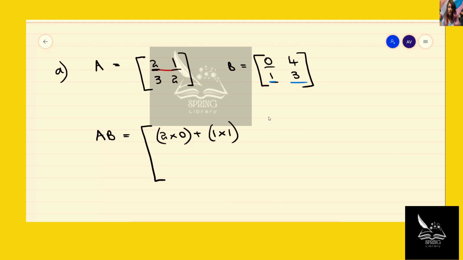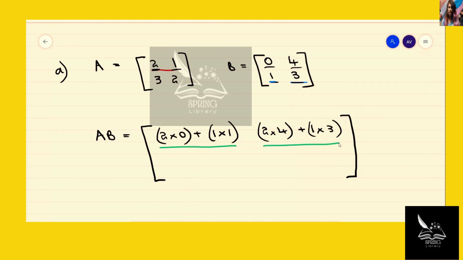Now next we will do it with the second column. So we will have 2 times 4 plus 1 times 3. Now we have multiplied and added the first row of A with the second column of B. So now what we have got over here is two elements of the product AB, right?